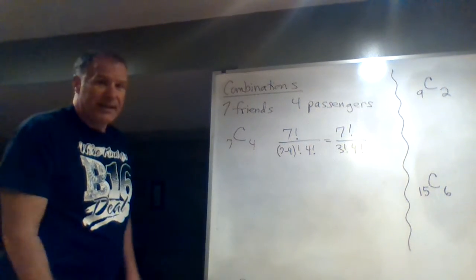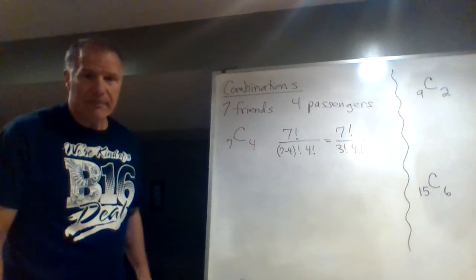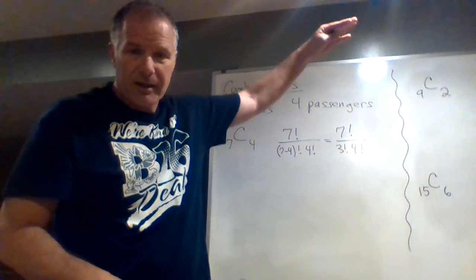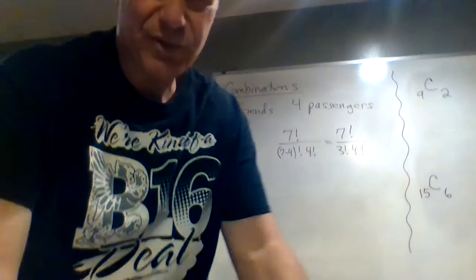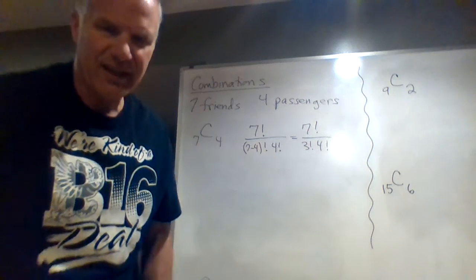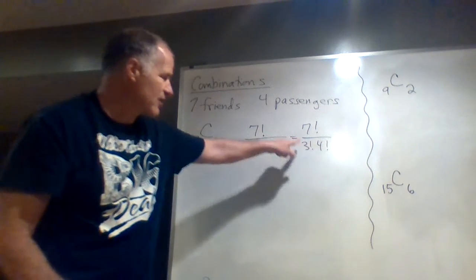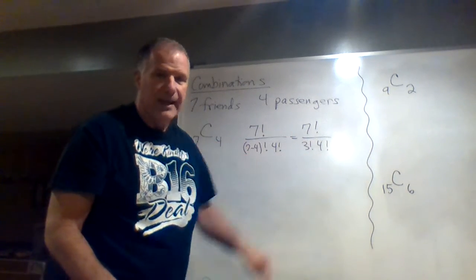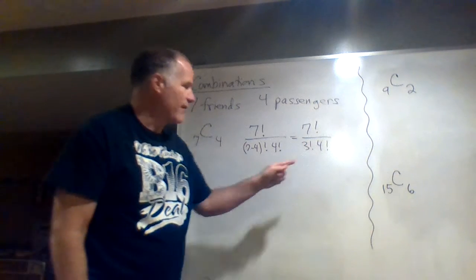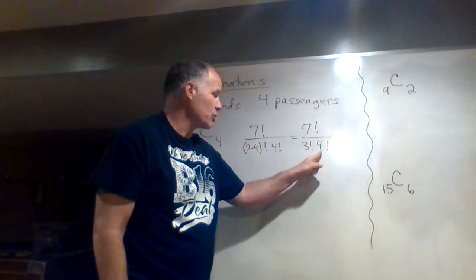Okay. Now this is going to be a little more complicated, okay? And hopefully you can see, let me move this over a little because it looks like the light was in the way. Okay, so you got 7 factorial, 3 factorial, 4 factorial. Now we're going to look at different options here. Guys, whatever one is bigger, you want to start with that.